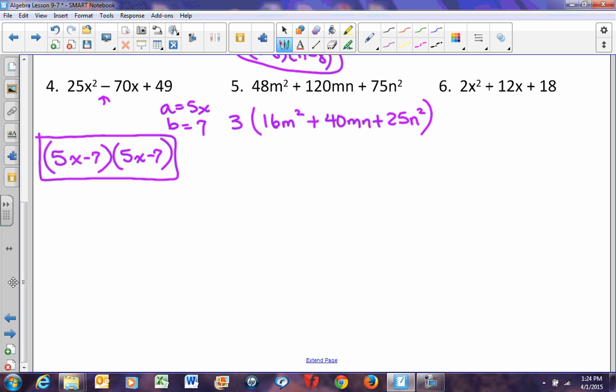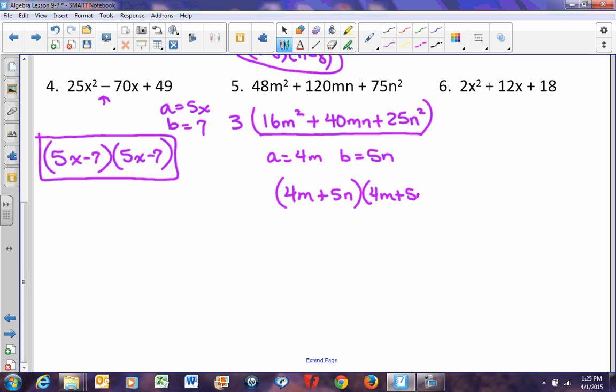Because my a term, if I just look at the 16m squared plus 40mn plus 25n squared, my a term is 4m, and my b term is 5n. 5 times 4 is 20, mn, double that is 40mn, so it's a perfect square trinomial. So this would be 4m plus 5n times 4m plus 5n, and don't forget we took a 3 out of it, so put the 3 back into it.